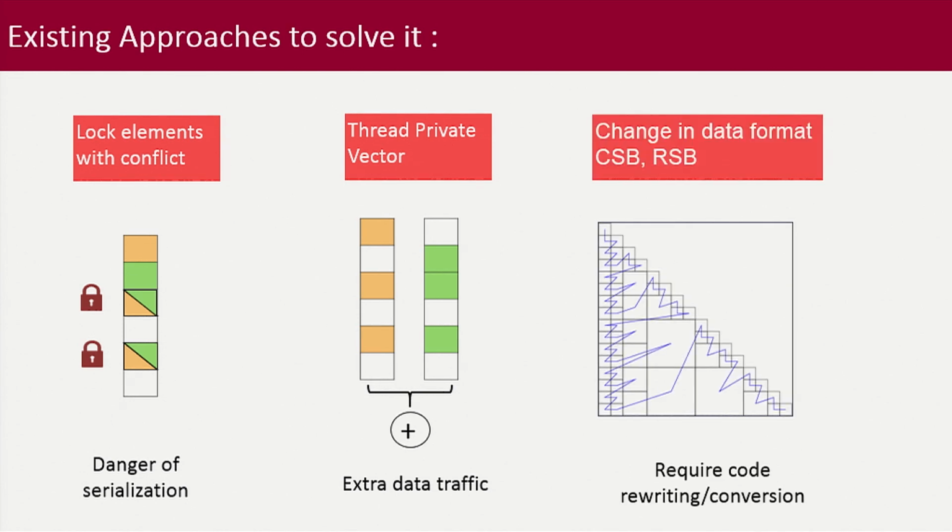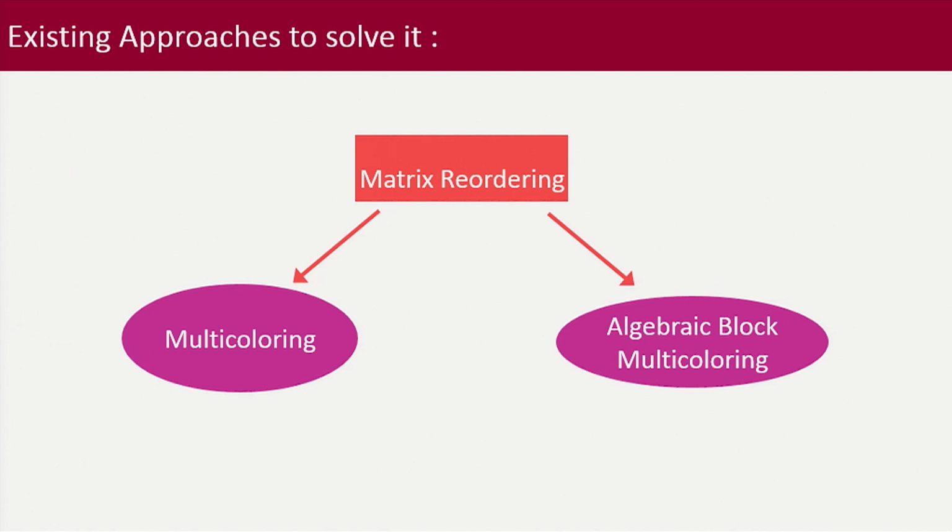A relatively new approach is to store the matrix in a completely different storage format, like CSB or compressed sparse blocks, or another format called recursive sparse blocks. But this approach would need code rewriting or conversions. The most popular class of method for dealing with distance-1 dependent kernels is reordering or permutation of the matrix.